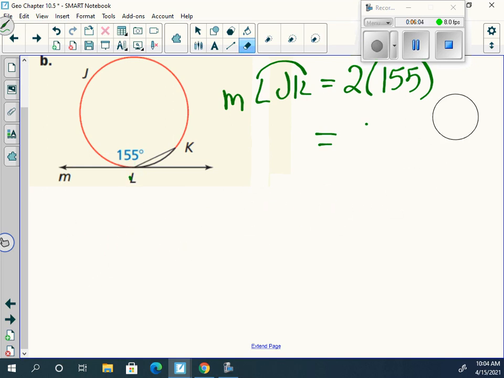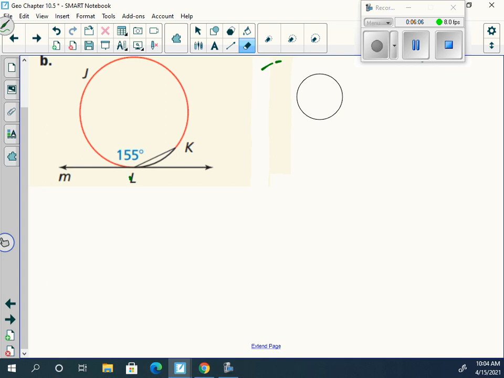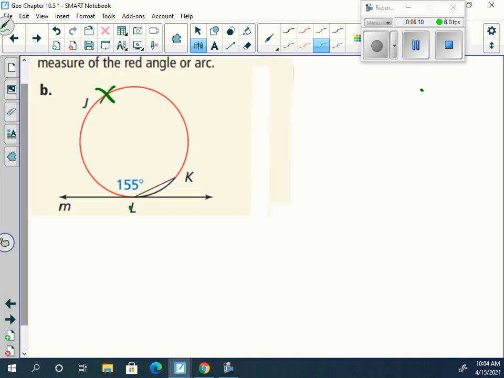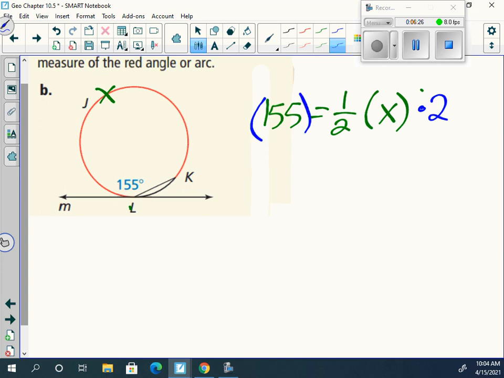Because we can write it in a different way: do I know what the measure of the arc is? Well, no. But I know that 155 is equal to 1/2 times whatever that measure is. Now, the easiest way to undo this 1/2 is to multiply both sides by 2.